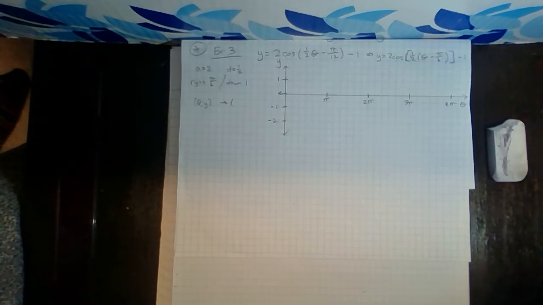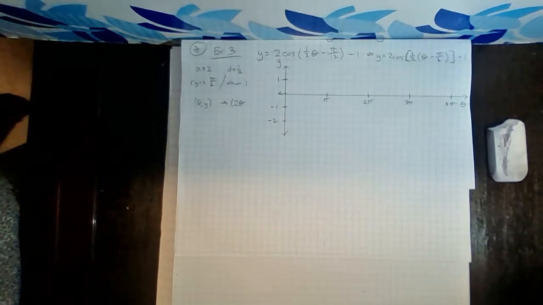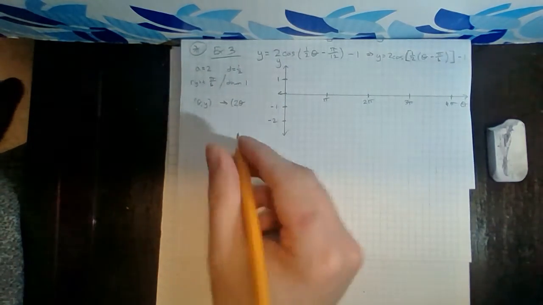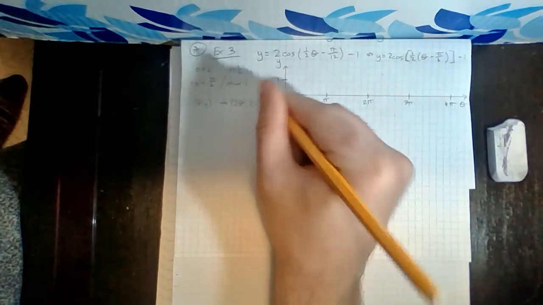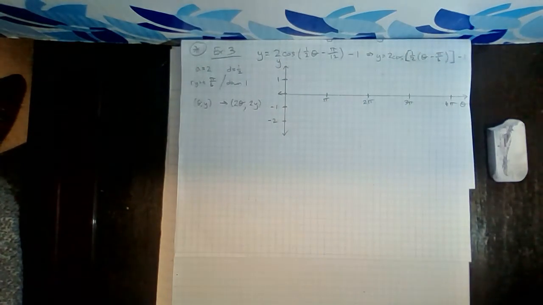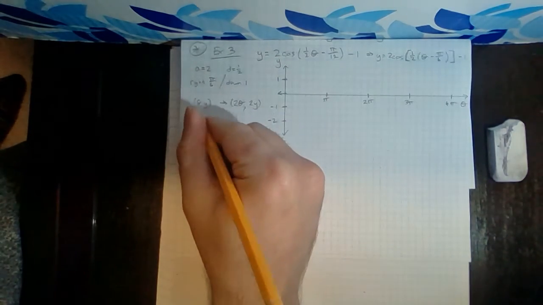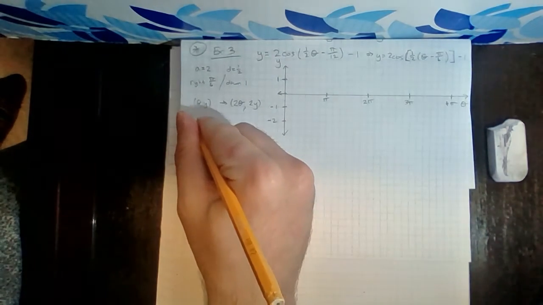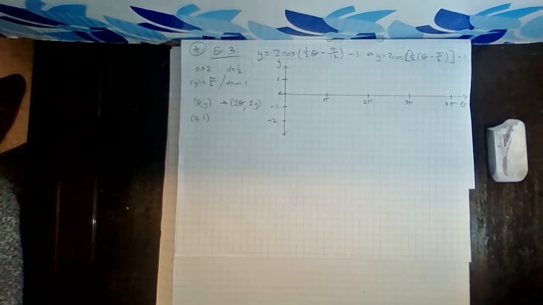So we divide by our d value, or we can remember that we had a horizontal stretch by 2. We have a vertical stretch by 2. We multiply by our a value. So we're going to multiply all of our theta and y values by 2. For cosine, when theta equals 0, that's when we're at our maximum.